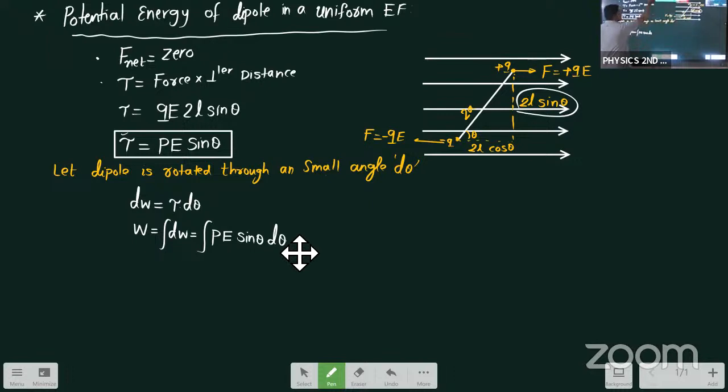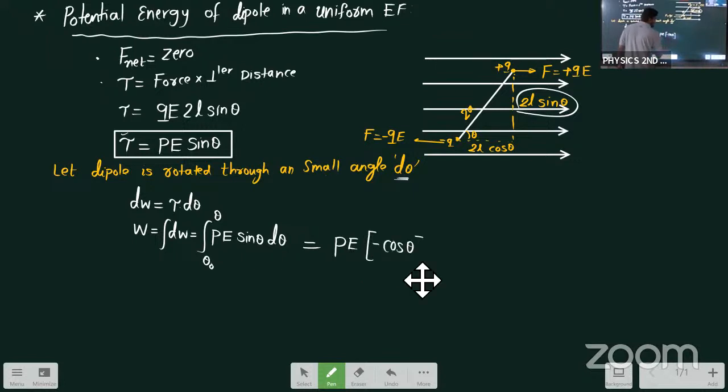Let us assume that the angle is changing from theta naught to theta. P is constant. What will be the integration of sin theta? Integration of sin theta will become minus cos theta. So this will become P E minus cos theta, and theta is changing from where to where?